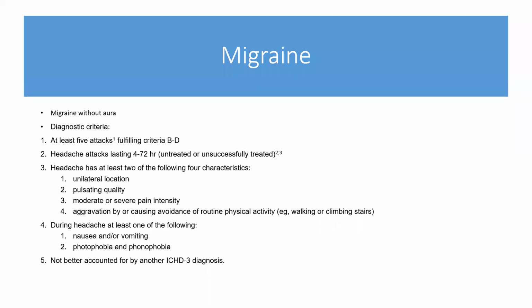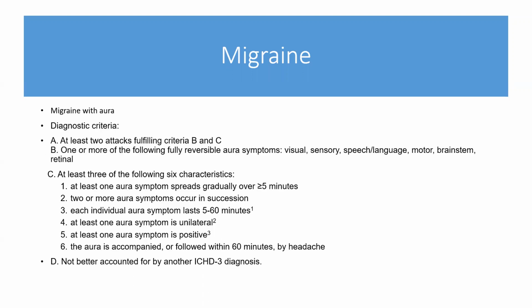So, with the aura, I think someone mentioned the aura symptoms. What are the aura symptoms? They can be visual or sensory, but mostly they come with visual disturbance symptoms: blurred vision, a little bit of zigzag lines, bright lights.